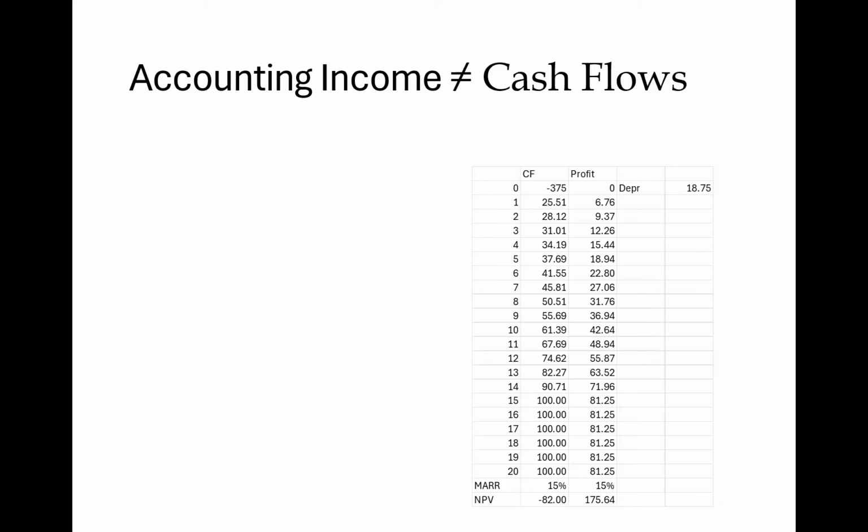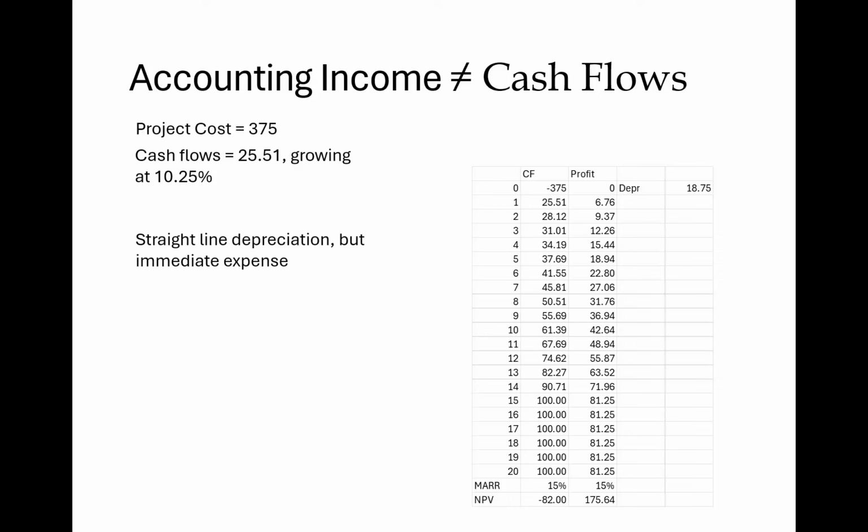Now let's look at an example. So in this example, a project costs $375 and the cash flows are 25.51, growing at 10.25%. And the accounting department estimates that the initial setup cost of $375 is depreciated using a straight line depreciation.